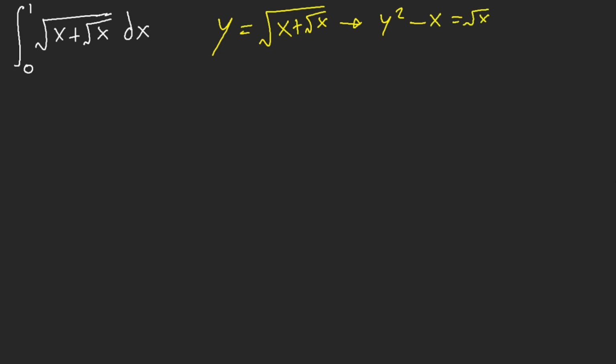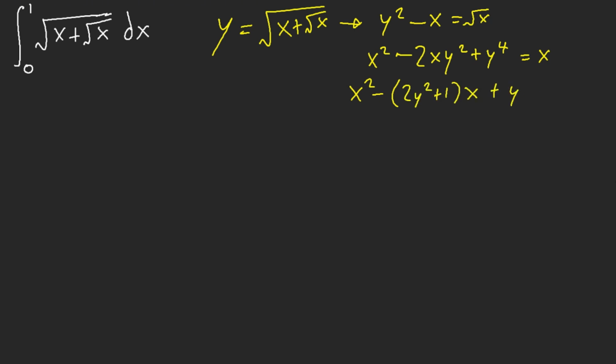Okay, I know this sounds nasty, but just trust me on this. So x squared, then we have minus 2x y squared plus y fourth equal to x. And so now what we have is x squared minus 2y squared plus 1 of x plus y fourth.